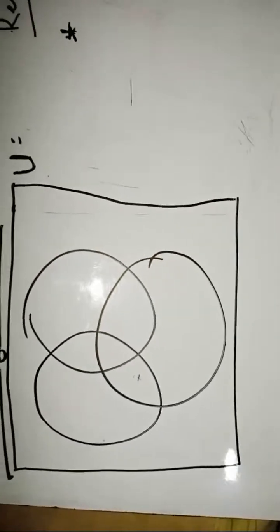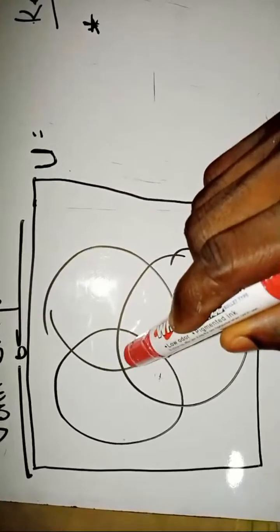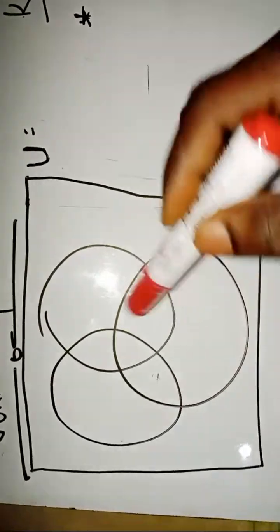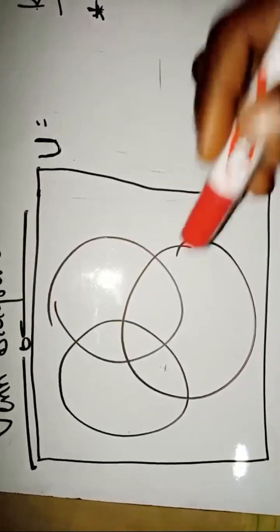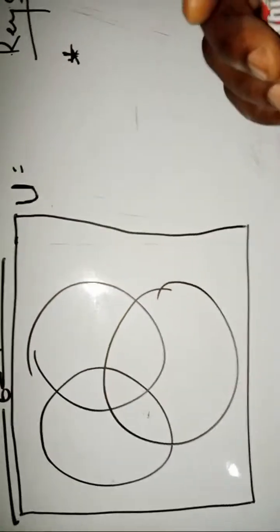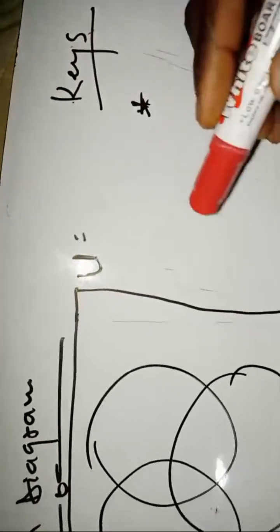So for the intersection, you have to make sure that you know exactly who sleeps in which room: this room, this room, or this room, and so on and so forth, right? Those are the things you must pay close attention to before you can easily represent the information on the diagram. As I said earlier, your first step is to make sure you represent those people first before you proceed, right?